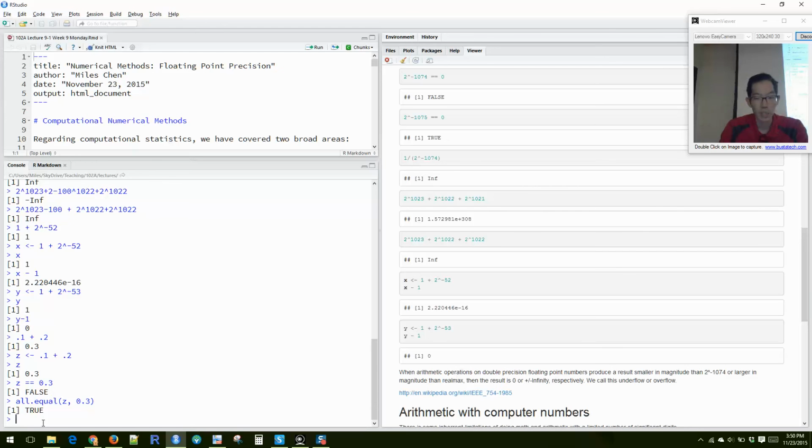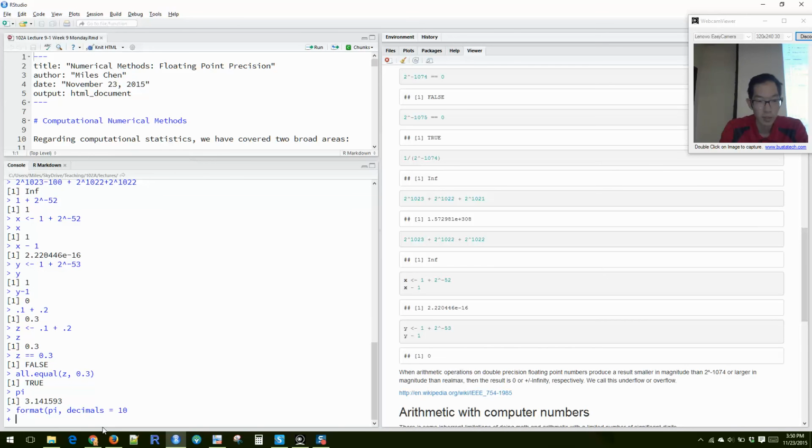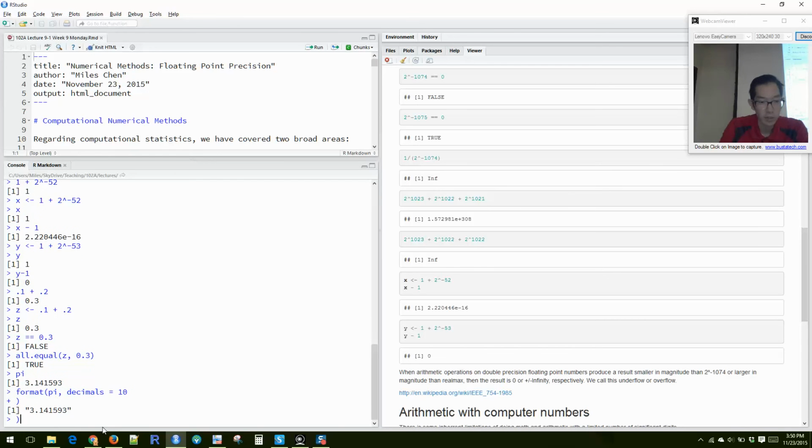So, we could say, what is pi? Pi is 3.141593. Let me see if I can do format pi and decimals equal to 10. I don't know, how do I print out more decimals?